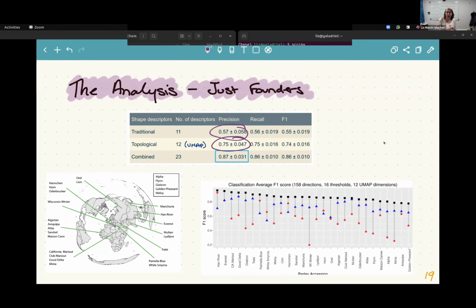So take both the traditional descriptors and the topological descriptors, and we were getting something in the 80% range for predicting these founder lines. So again, if you hang around NeurIPS people, they start to freak out because it's like not 99.99%. If you talk to biologists, this is incredibly exciting because anything that's predicting this is super, super nice.